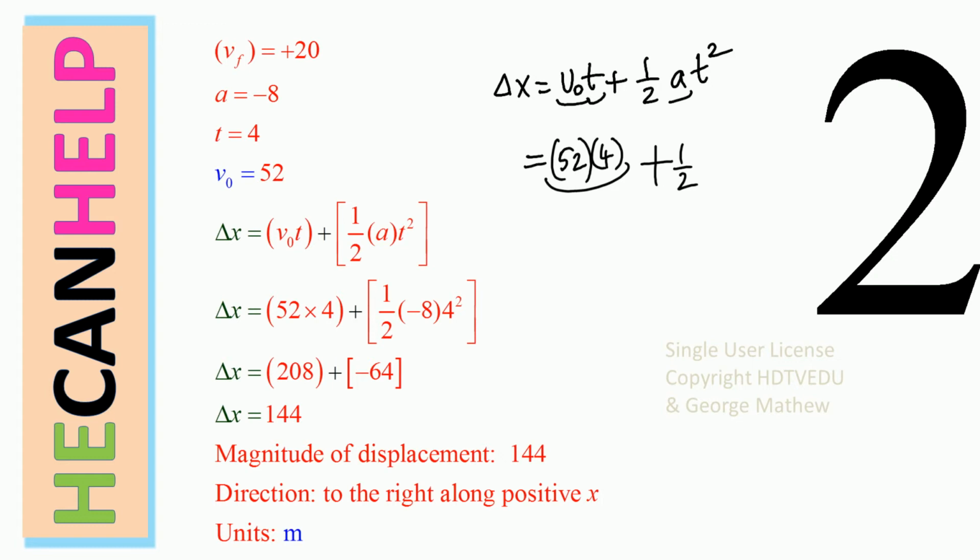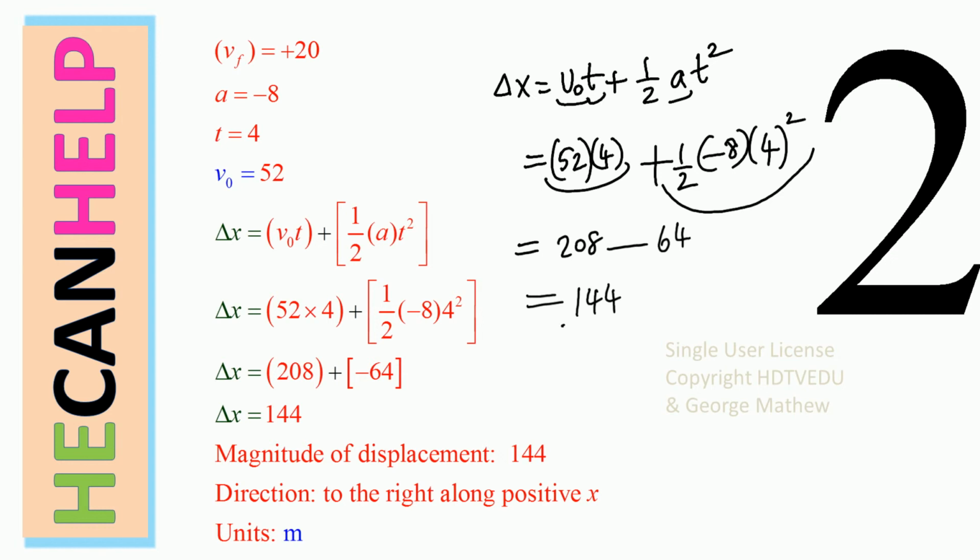So the acceleration is negative 8. And the time is 4 squared. What is 52 times 4? 208. And what is 1/2 of negative 8? Negative 4. And what is negative 4 times 4 to the power of 2? Negative 64. So what is 208 minus 64? It is 144. The unit is meters, the sign is positive, the magnitude is 144, and the direction is along positive x.